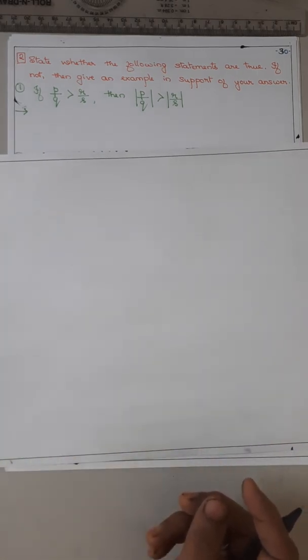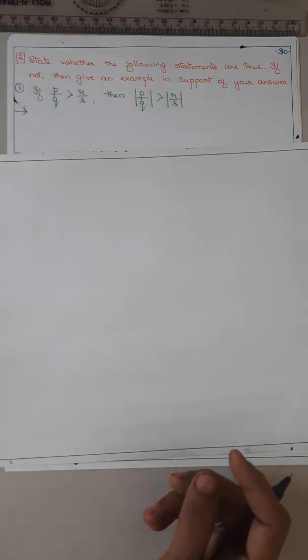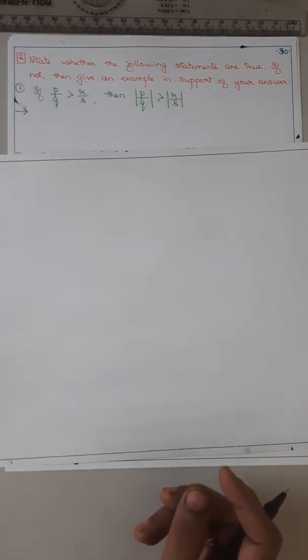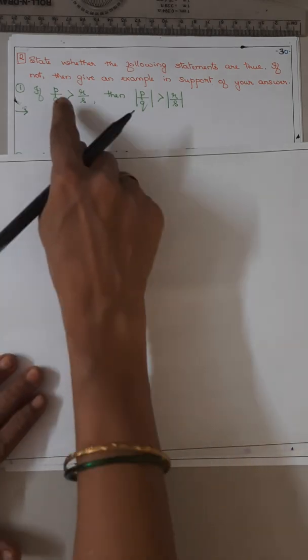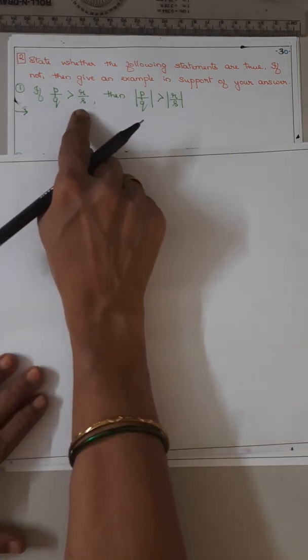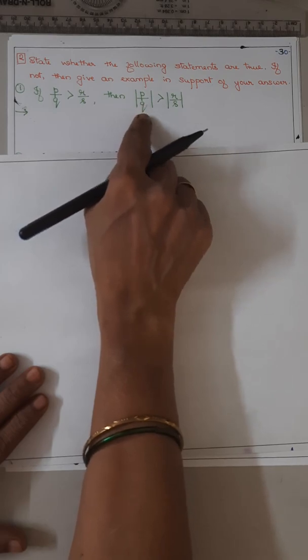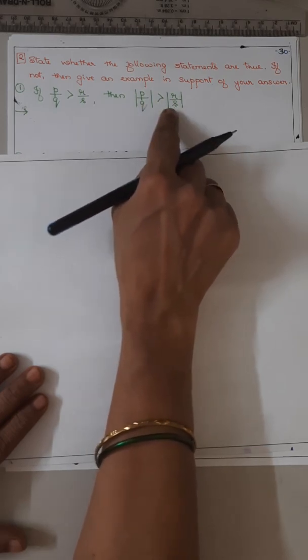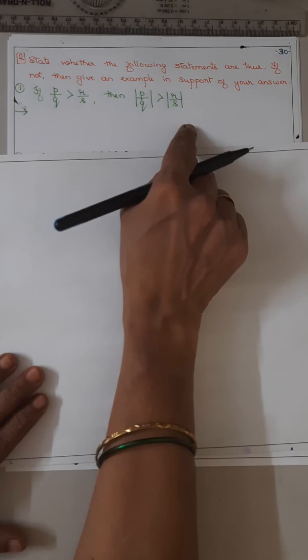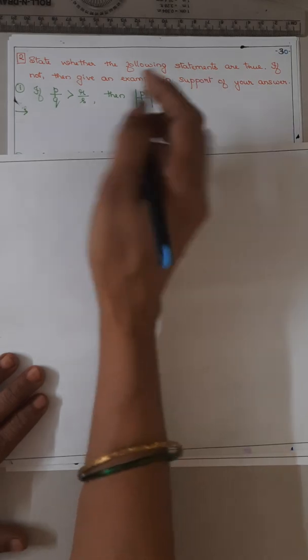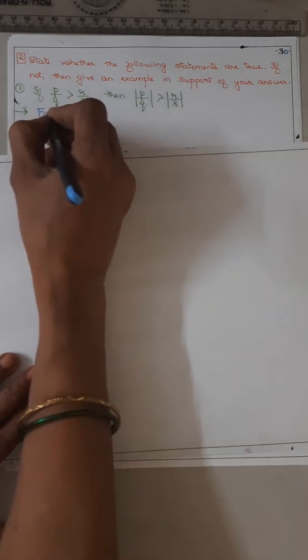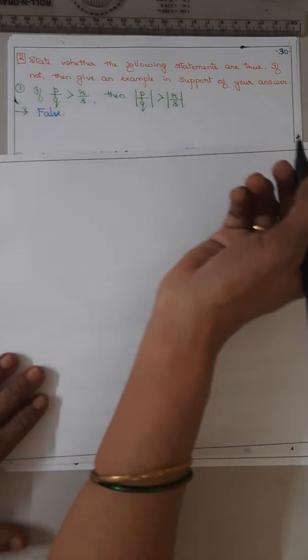So first say whether it is true or false, and if it is false, then you have to give the explanation. If P by Q is greater than R by S, then absolute value of P by Q is greater than absolute value of R by S. Is it true? No, it is false.